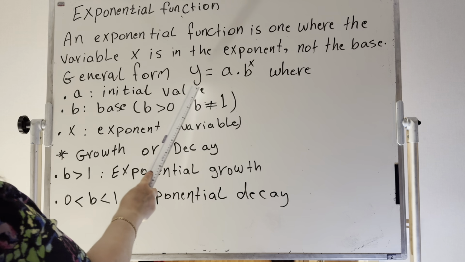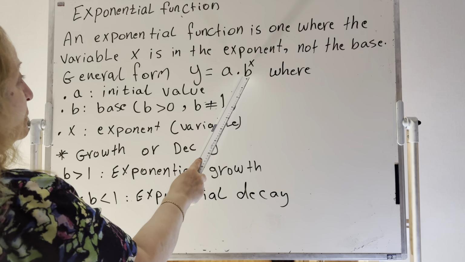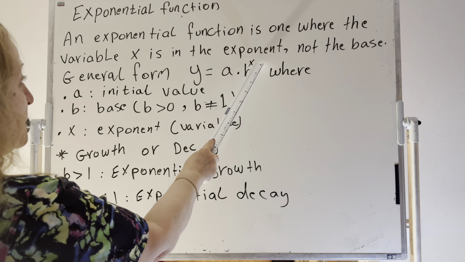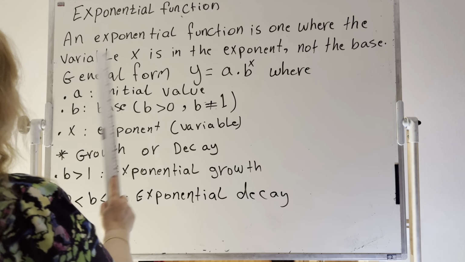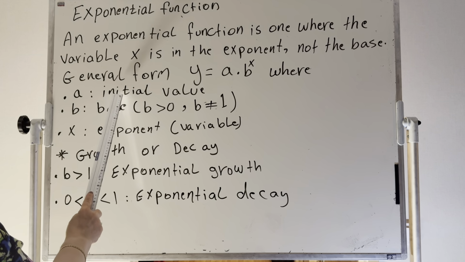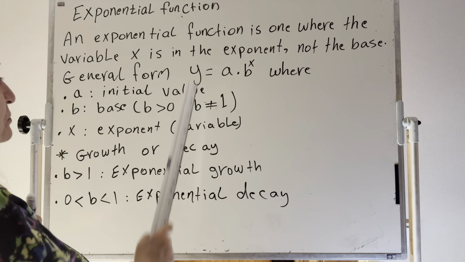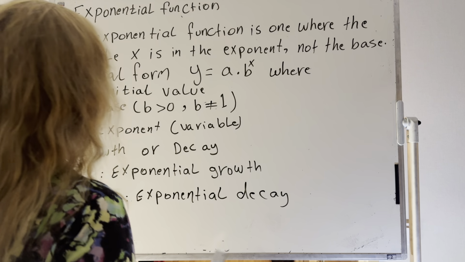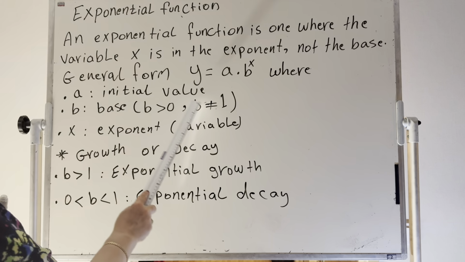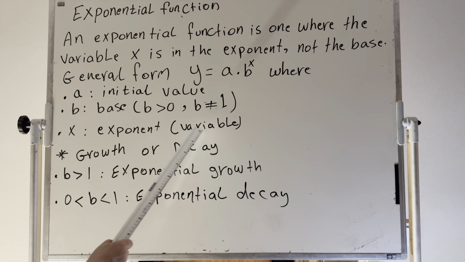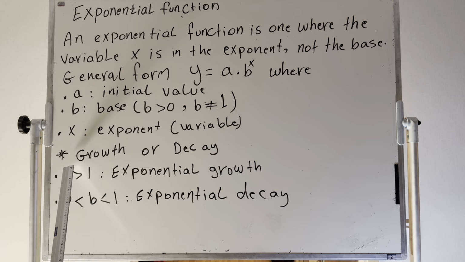General form: y equals a times b power x, where a is the initial value, b is the base, b is bigger than 0, and b is not equal to 1. x is the exponent variable.